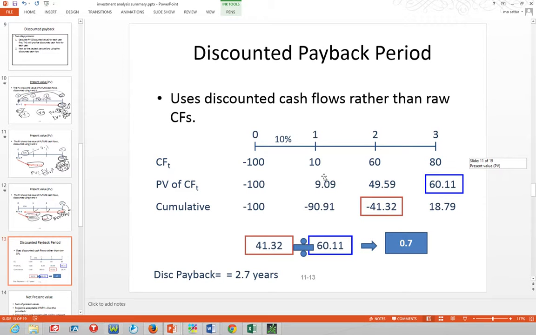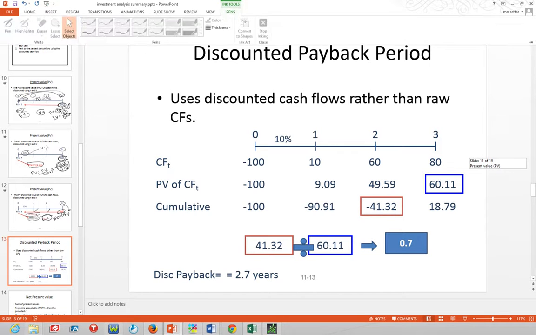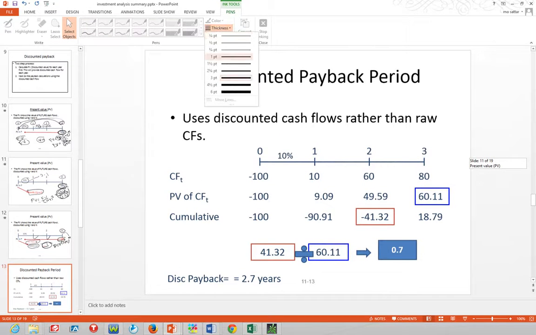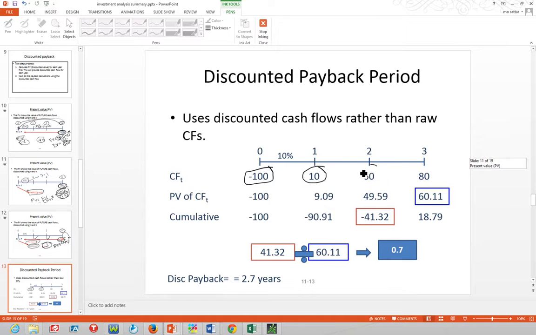Now, if I look at the discounting process, and then we talk about the discount payback, here was the cash flow. Remember we said year 0 we had minus 100, then we had a 10, and we had a 60, and we had an 80.